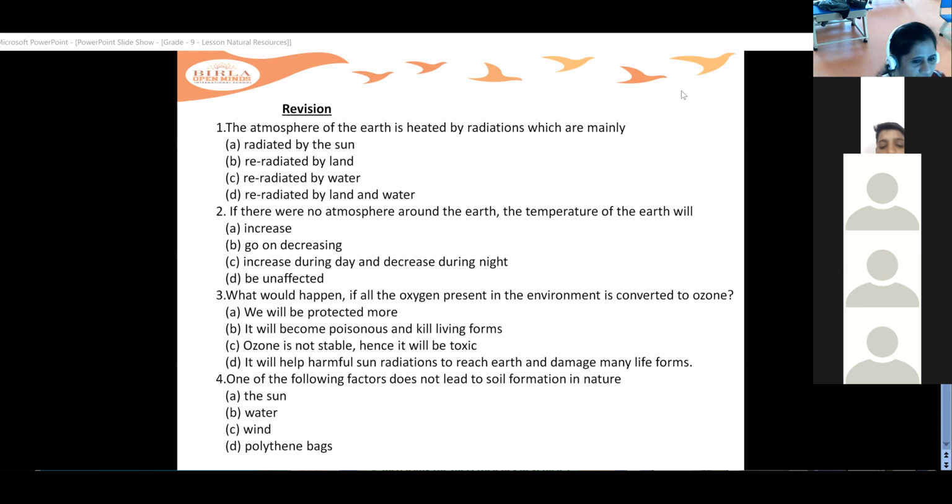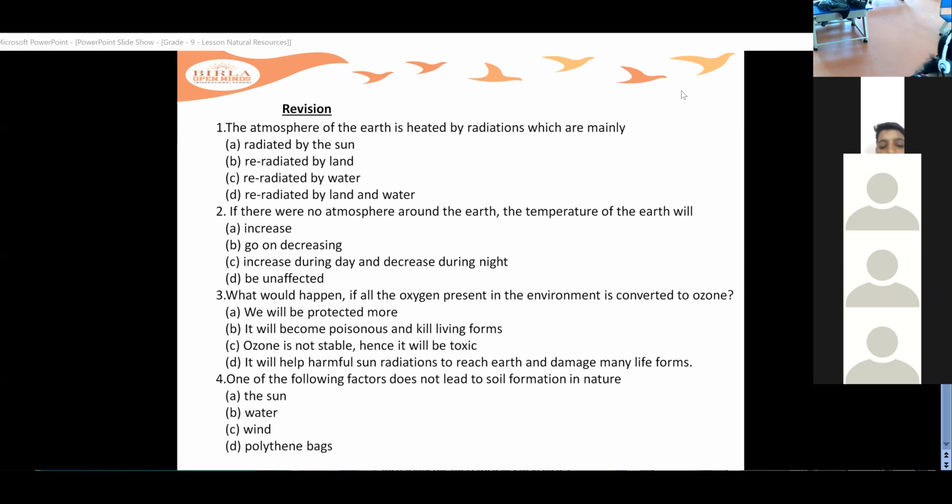The answer is D. It will help harmful sun radiations to reach the earth and damage many life forms. Yes, so it is D. Now coming to the fourth one.